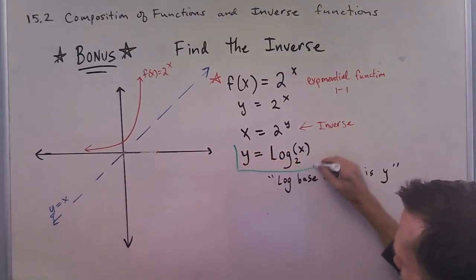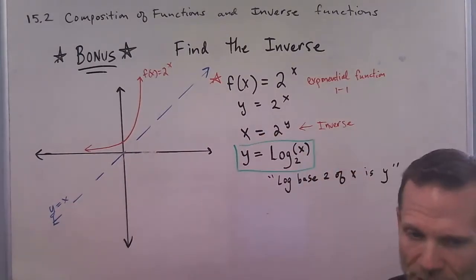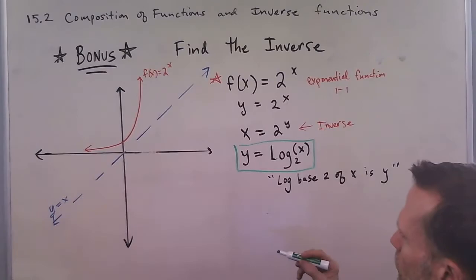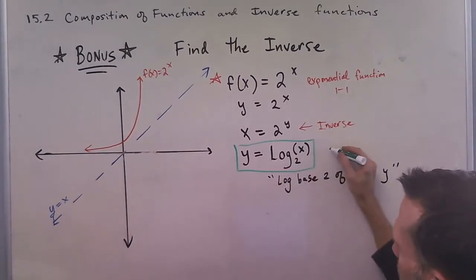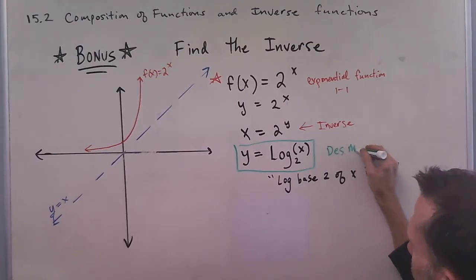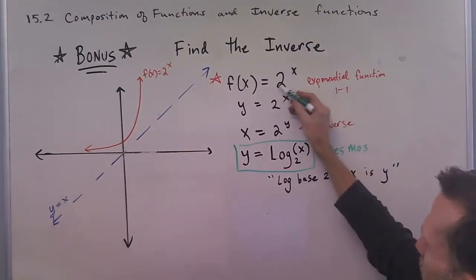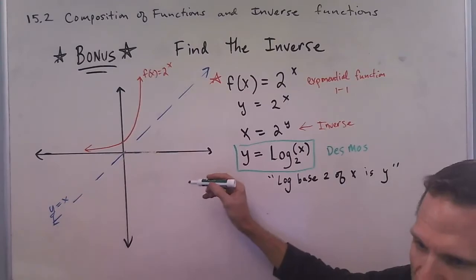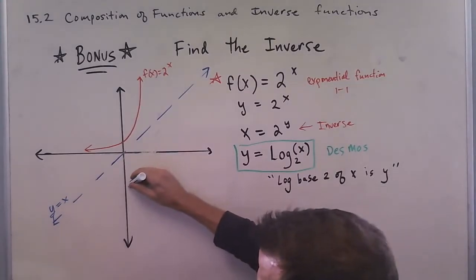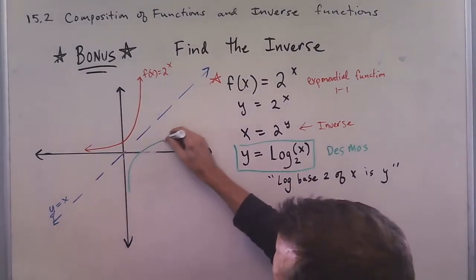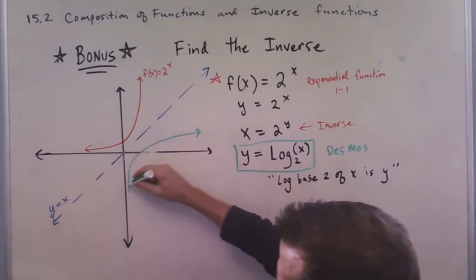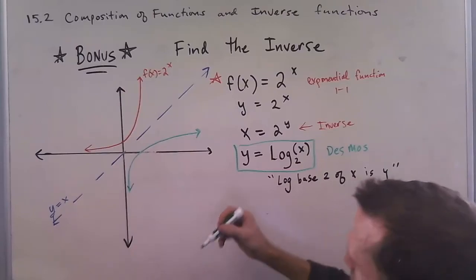So this is now solved for y, okay? So how do we know that that's the truth and I didn't just make that up, okay? Now what you could do here is you could type this into Desmos, and what you'll see is you're going to get a picture here that kind of looks like this. And I'll try to draw it well here, but you'll get this one here that's the exponential function.